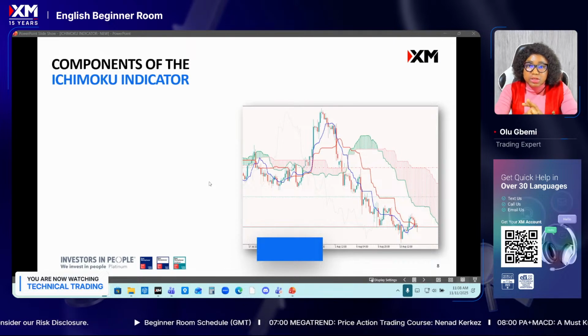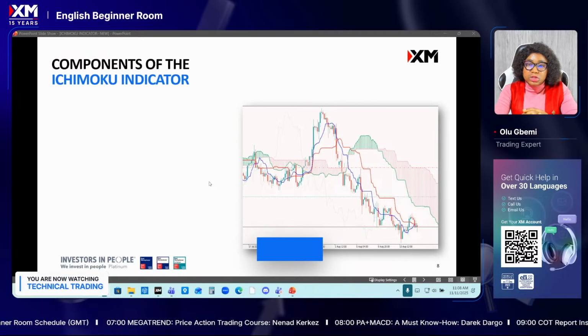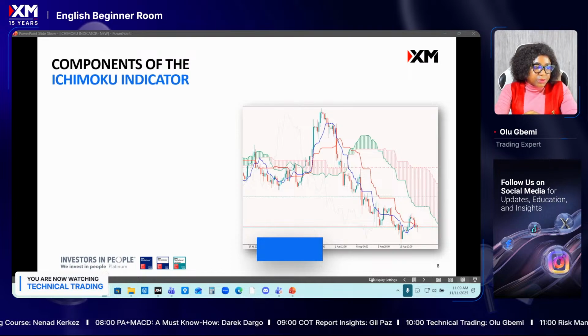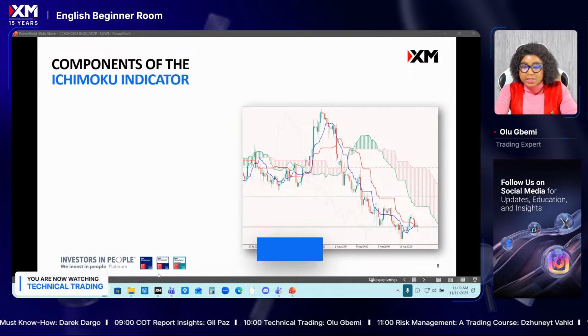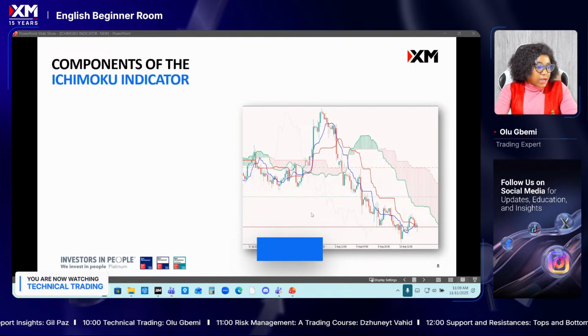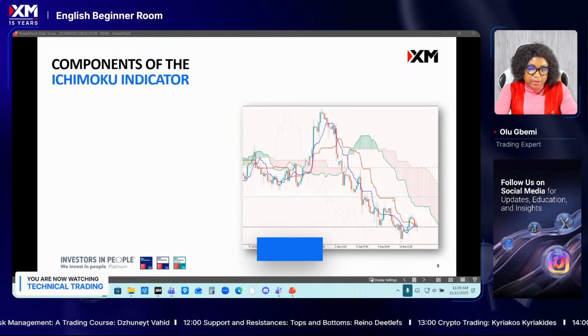So usually I had 20 and 50. The 20 will be the faster moving average because it has the lower period. And then the 50 will be the wider one. And that's what this looks like. It's like adding 9 and 26 moving averages to the chart. And you can see that this one is closer to price than the red line. Okay, so that's what the two of them are.